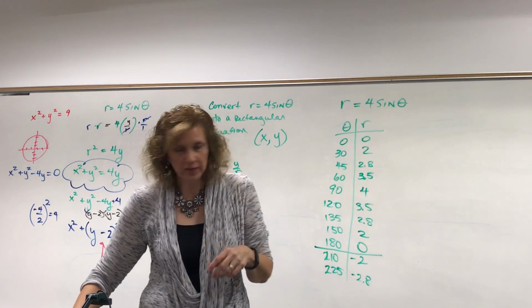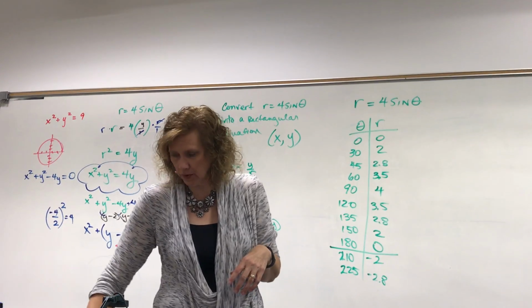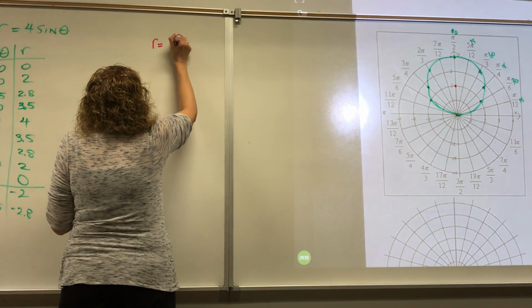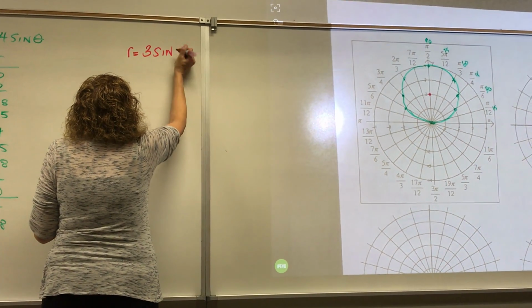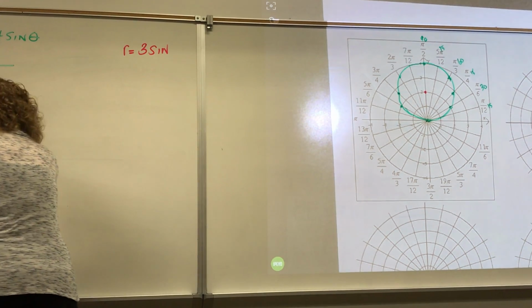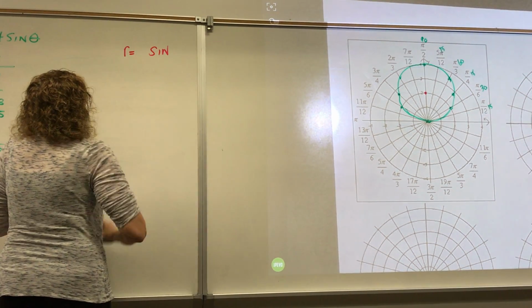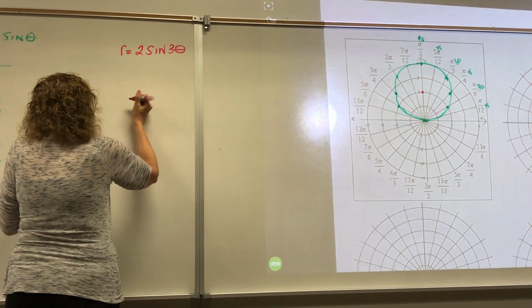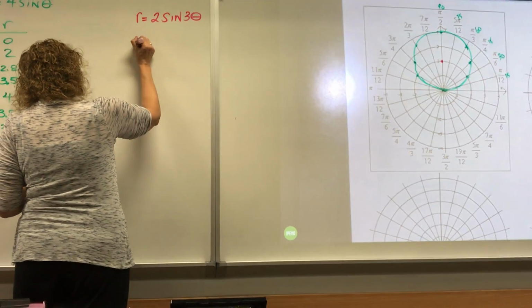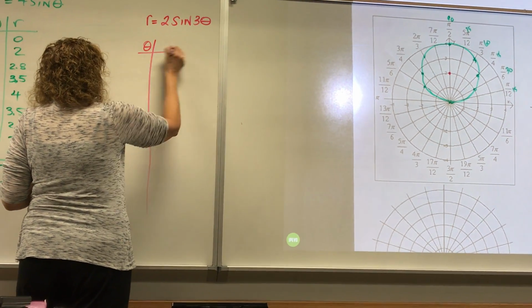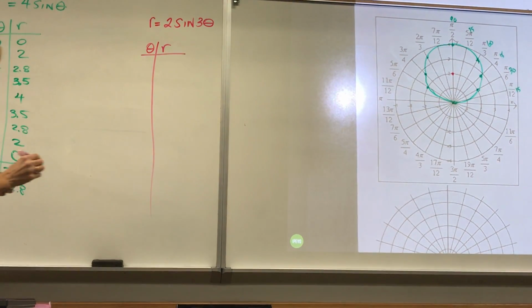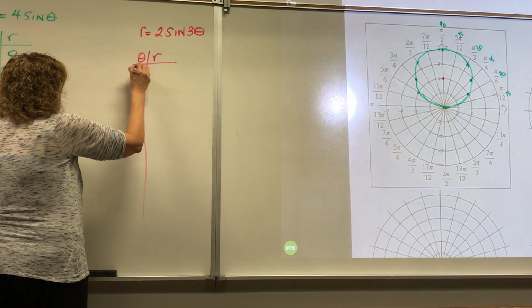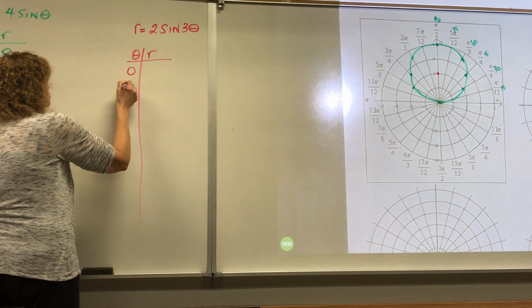All right, next we're going to graph, let's go a different color, r equals, you know what, let's not repeat values, 2 sine 3 theta. So you are so excited because you're like, I got this, she's just making me do a T-chart.